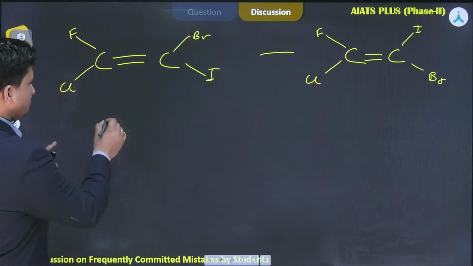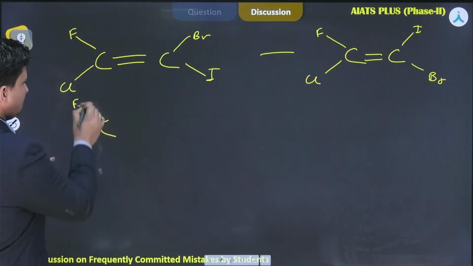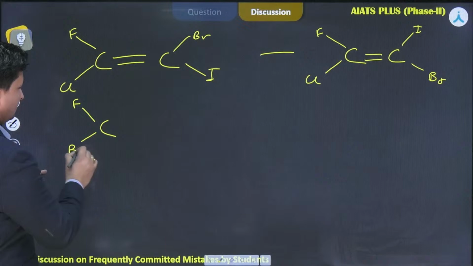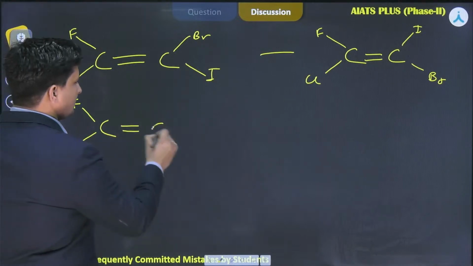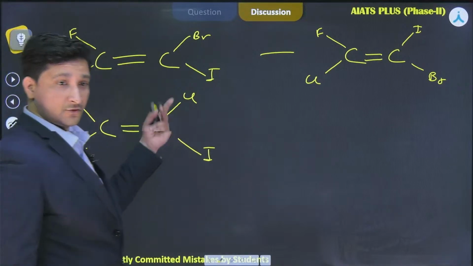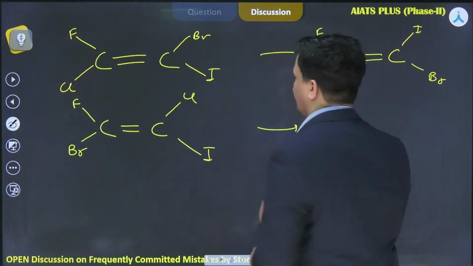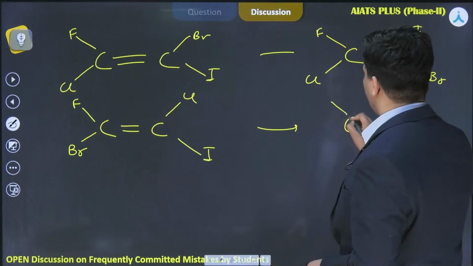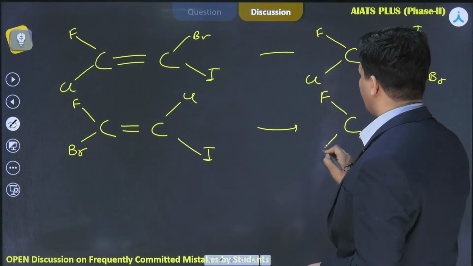Now, F, Br, then we have Cl, then we have I. If I just rotate these two, rotation actually is not possible.